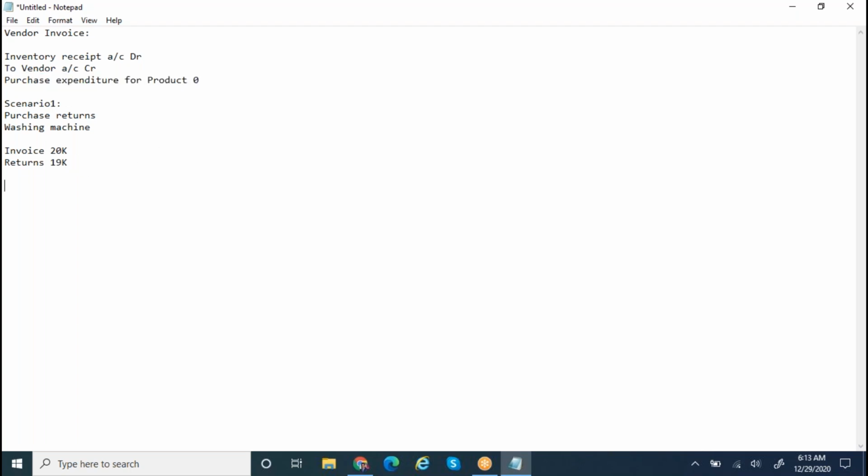Okay, second scenario. Scenario 2: suppose there is an import of material. During product receipt you have some value, and during invoice there is a different value.